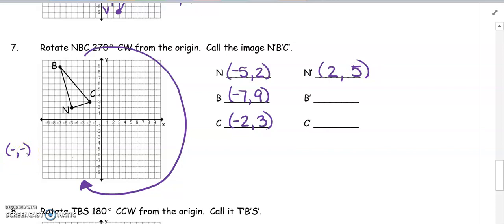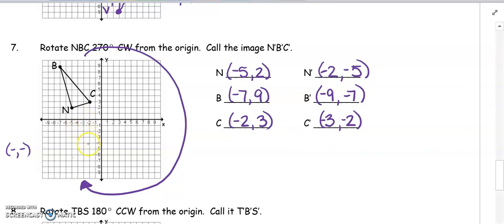So negative 2 and negative 5. Let's do the same thing with the 7 and the 9. We'll switch them, and since we're in the third quadrant, they both have to be negative. And then that last one, 2, 3, let's switch it. We've got 3 and 2, and since we're in the third quadrant, both of those have to be negative.